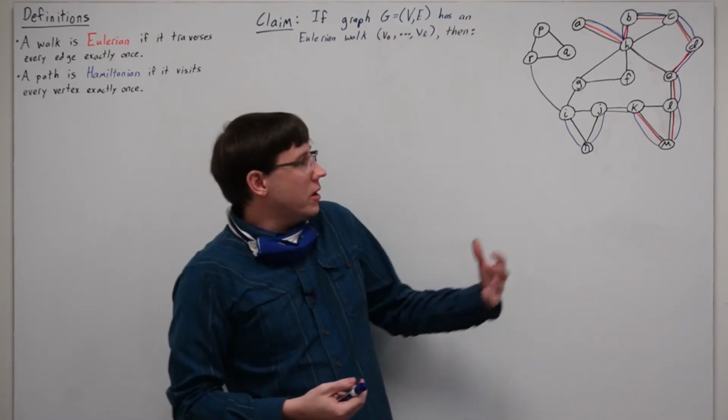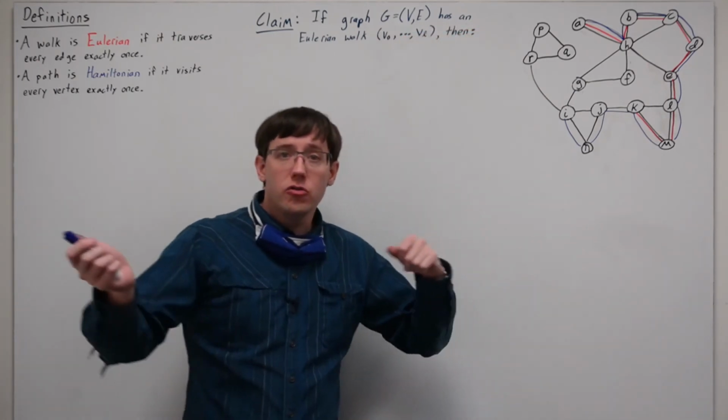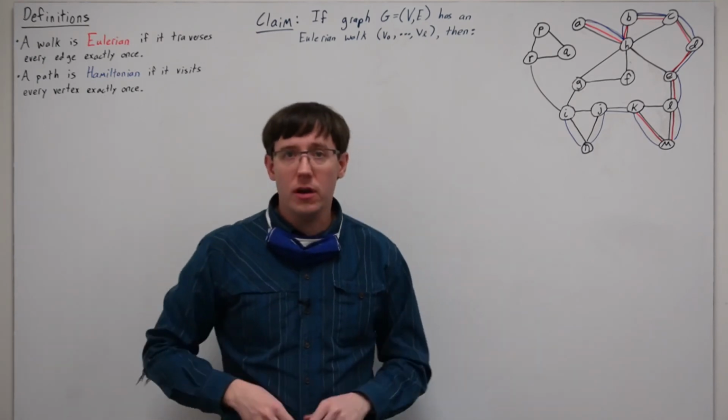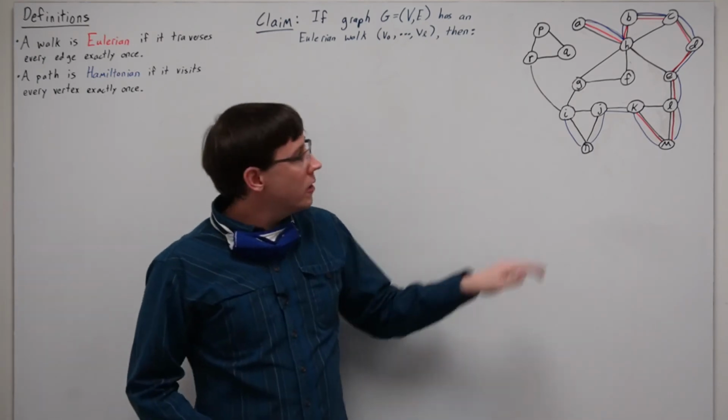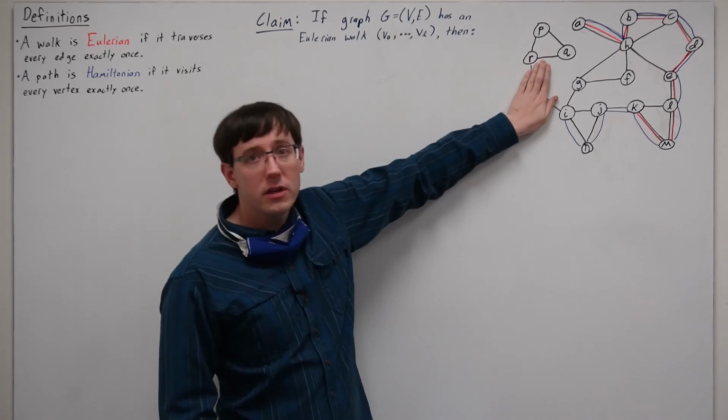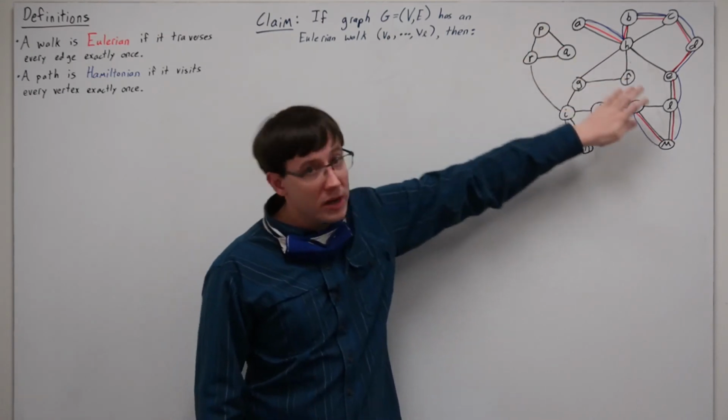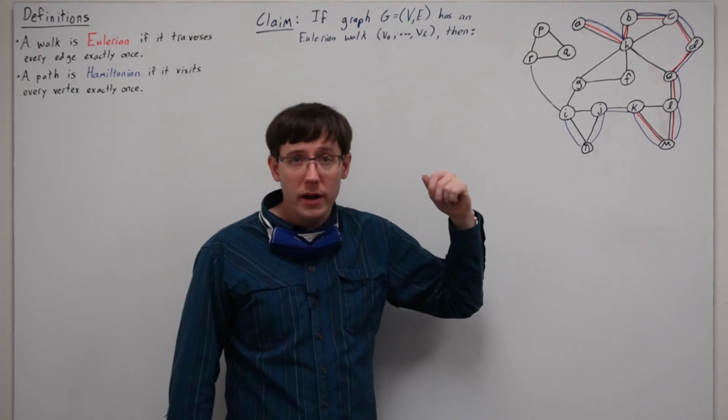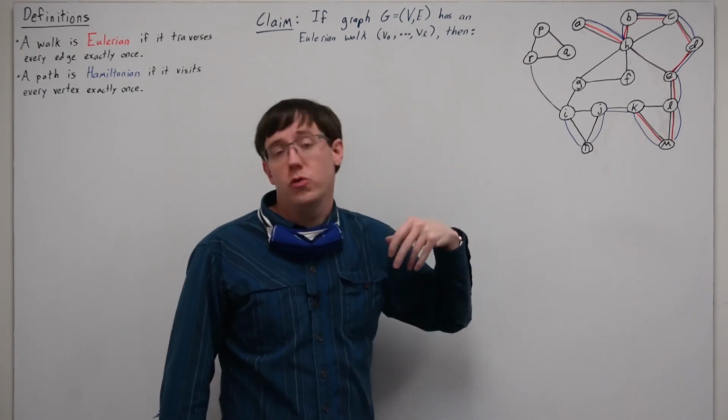If we imagine a walk that traverses every edge of the graph, well, for starters, we know that we don't have separate components that each contain some edges. Otherwise, there would be no way to traverse them all.